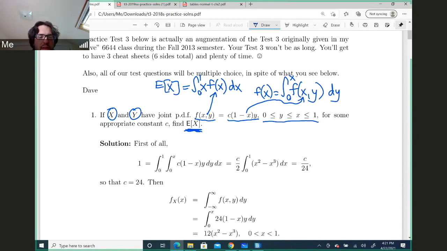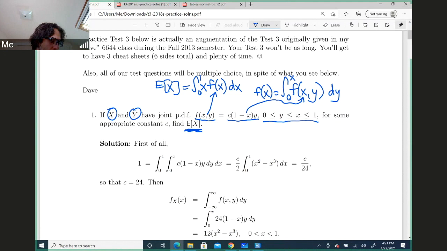And so, this is kind of an obnoxious question in that sense, where you actually have to do a series of basically 3 different integrals to get the final answer, which is a little obnoxious, I will admit, but it is necessary in this case. And so, how do we find c?